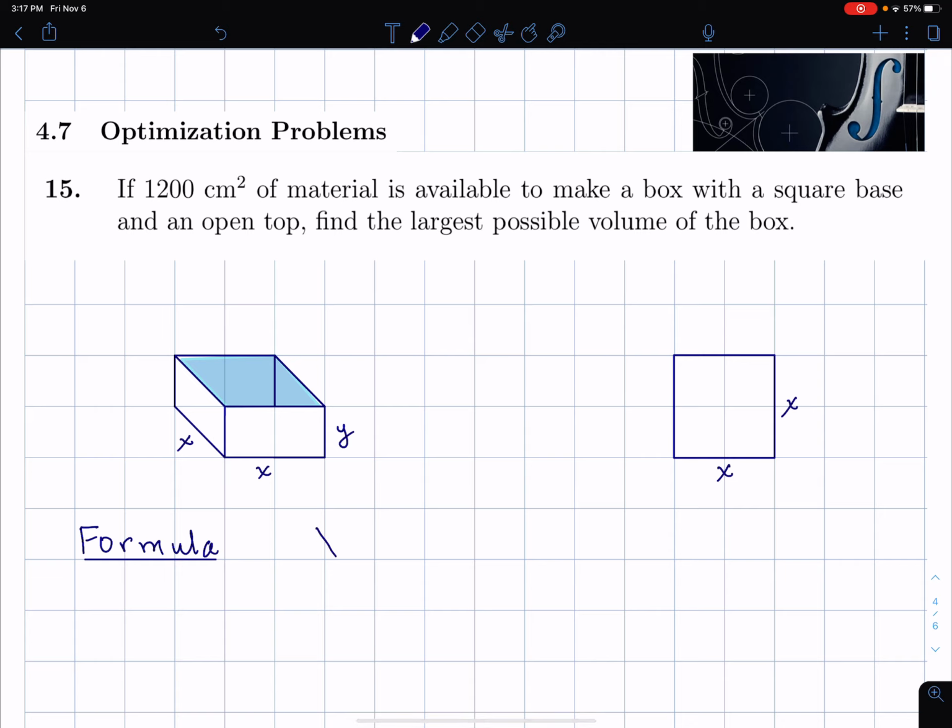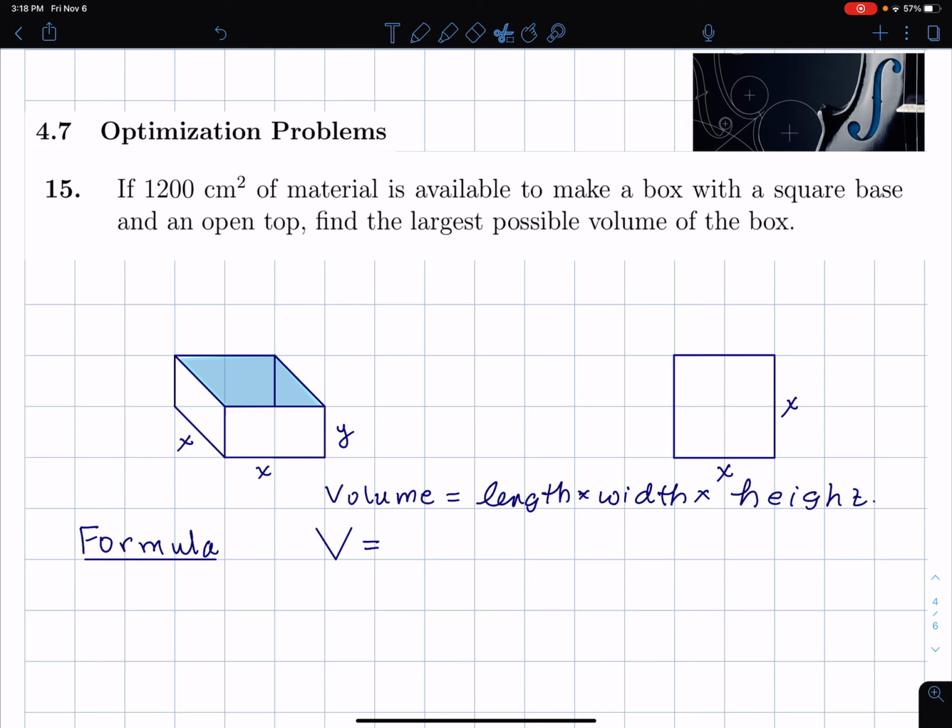Now, volume for a box is length times width times height. I said height, but I don't think that's how it's spelled. It's spelled height.